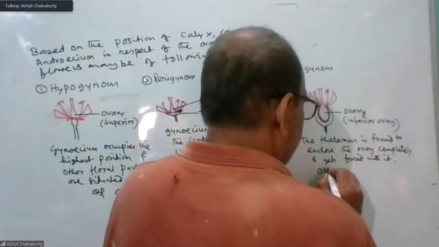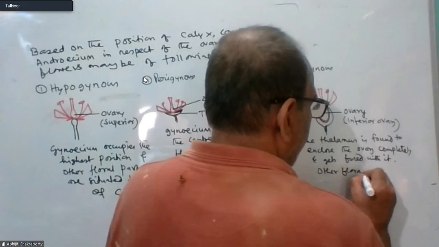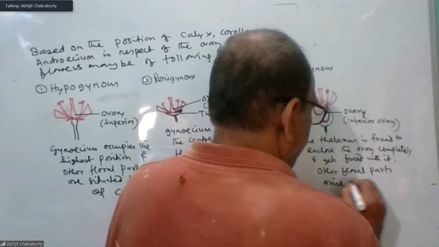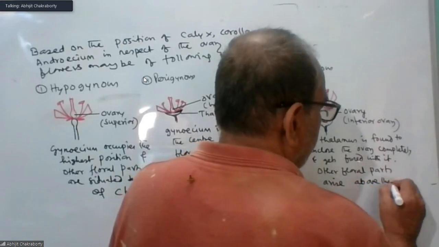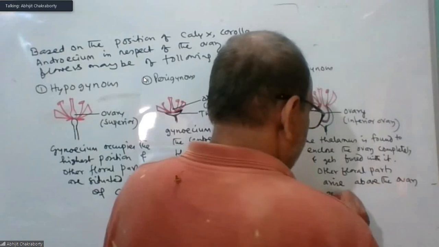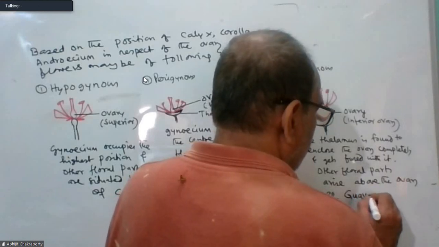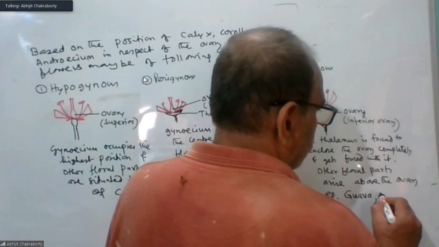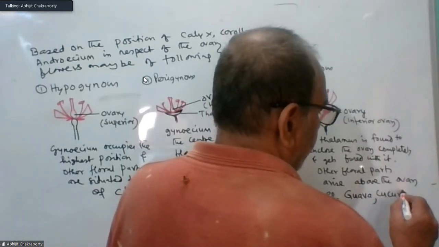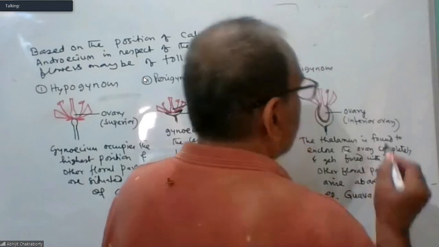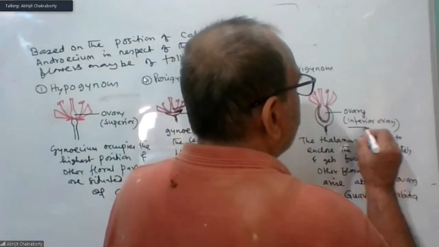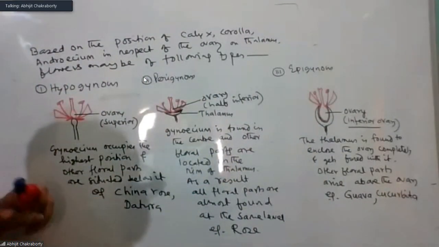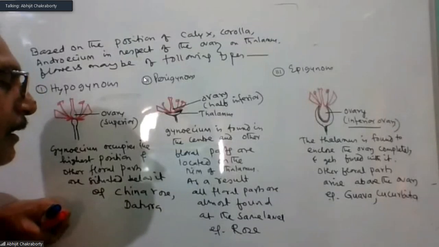Other floral parts arise above the ovary. Example, guava, cucurbita. So here the ovary is inferior. You will get an inferior ovary in case of guava and cucurbita.